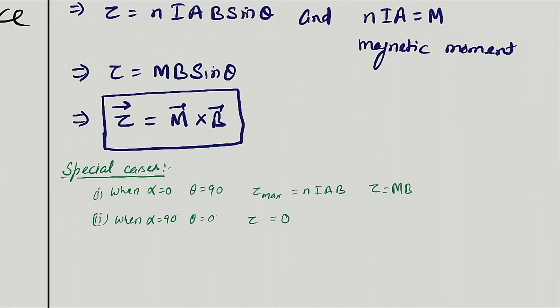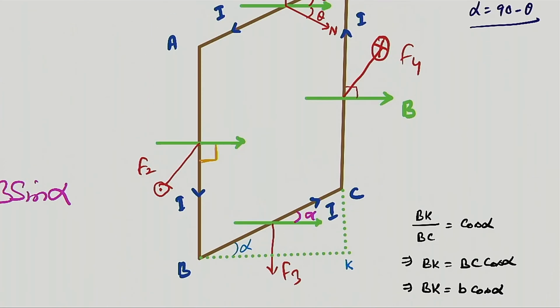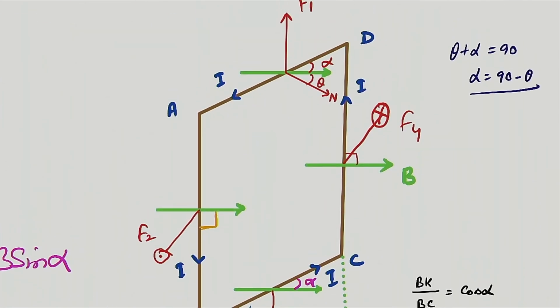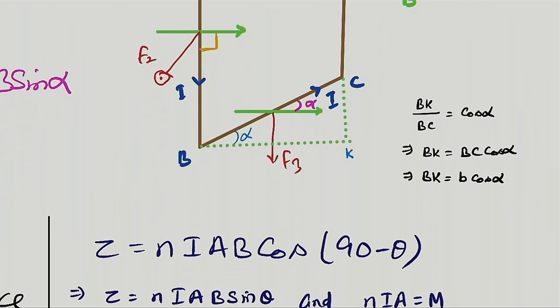And when alpha is 90 degrees or theta is 0, that is the current loop is in the direction of magnetic field, then no torque will act on this rectangular coil. So in this way we can find out the torque on a rectangular coil when it is placed in uniform magnetic field.